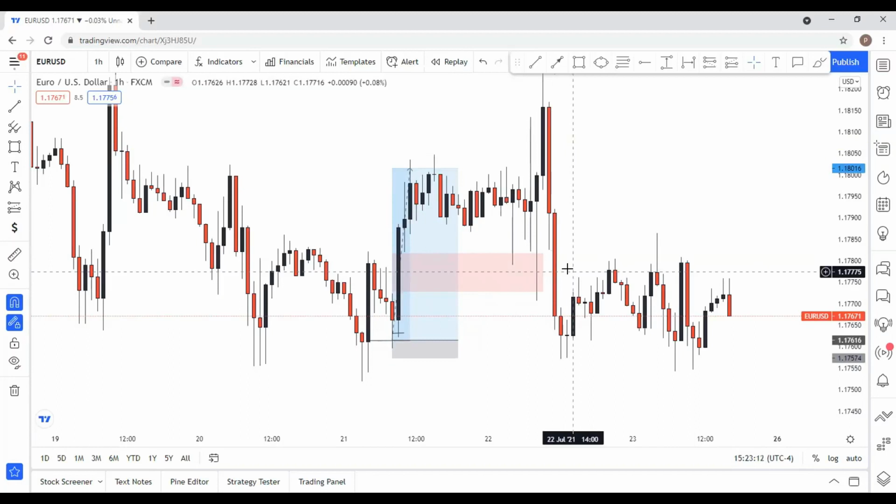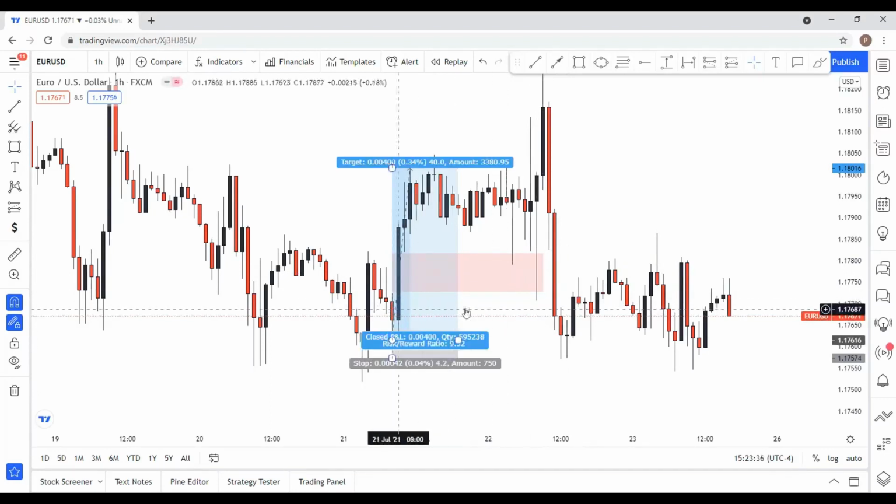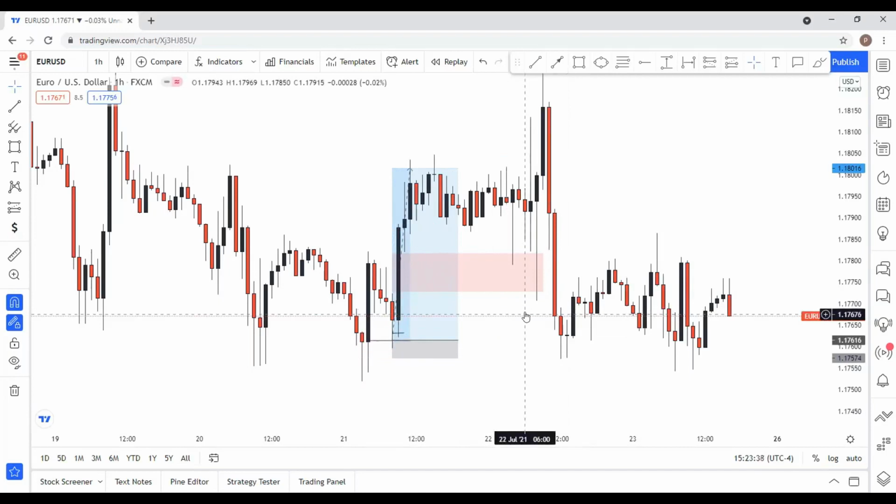But the best way would be, if you have a large gap, you want to use 50%, but there's a better way to refine further and to get a good entry with low drawdown. And your stop could be just below or on the body of this candle or below that candle, and it would be anywhere from 7 to 11 pips.